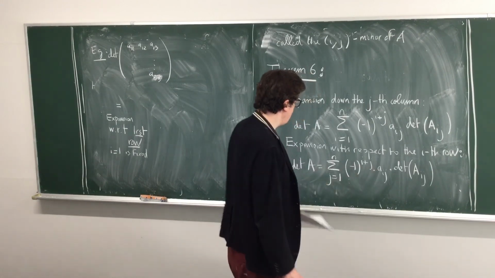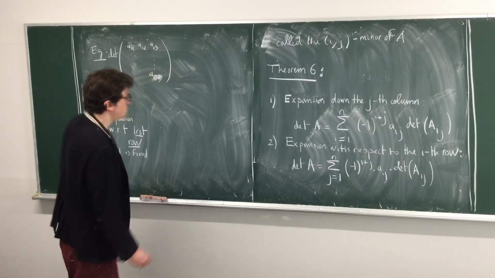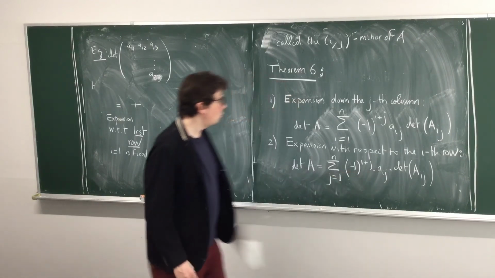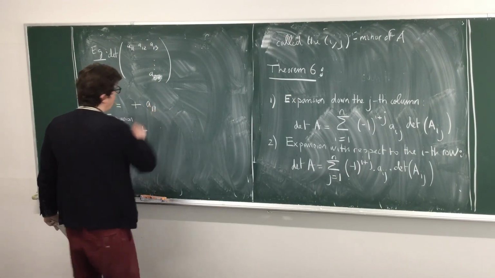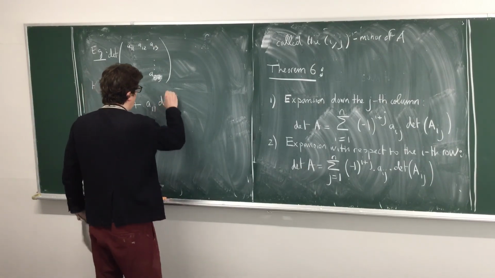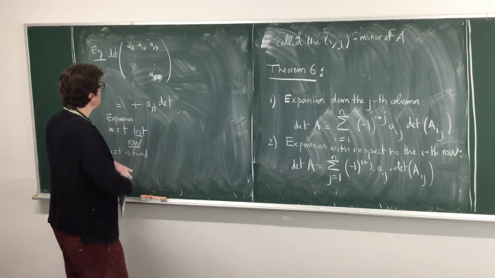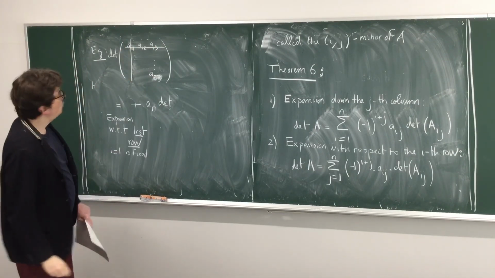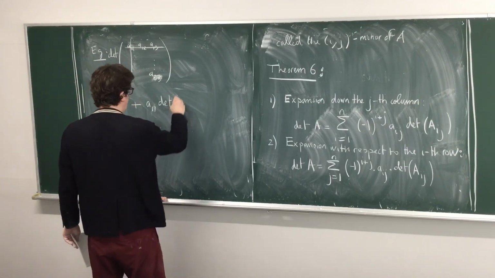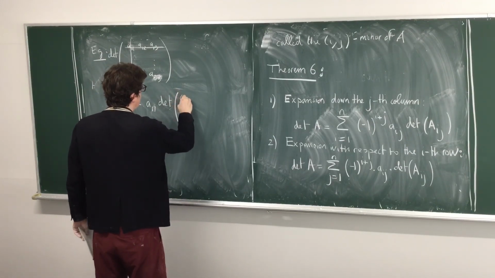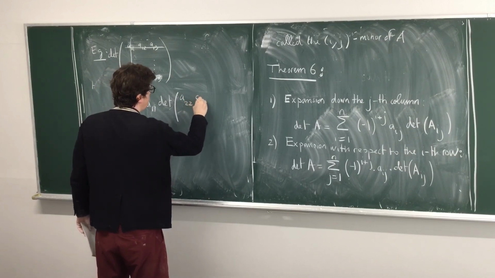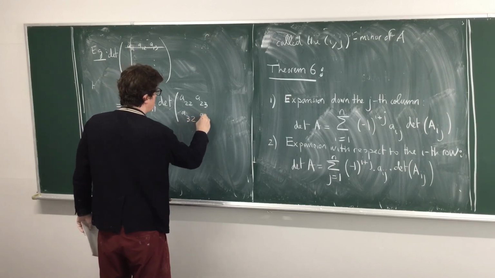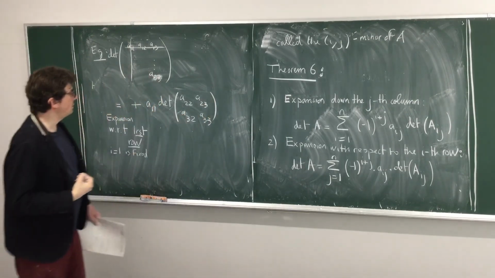So the first here is j equal 1. 1 plus 1, so you get a plus. And plus what? You will get A11. So A11. And then you get the determinant of the minor. And the minor is obtained just by removing row 1 and column 1, which means that you will get the determinant of this A22, A23, A32, A33, which is pretty precisely what I've written.